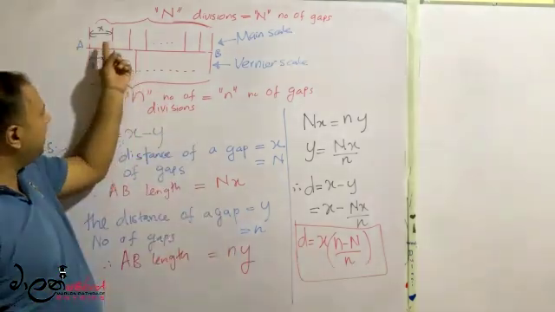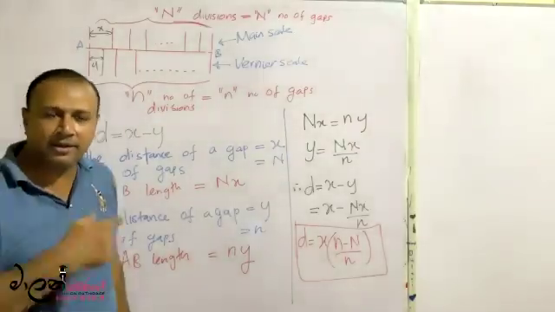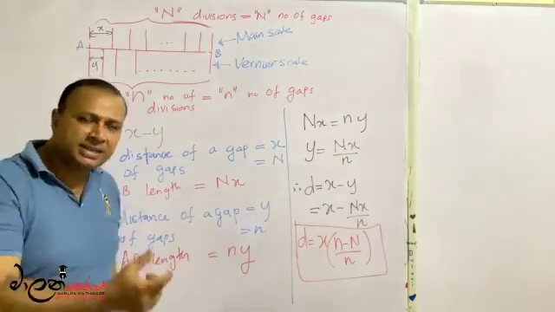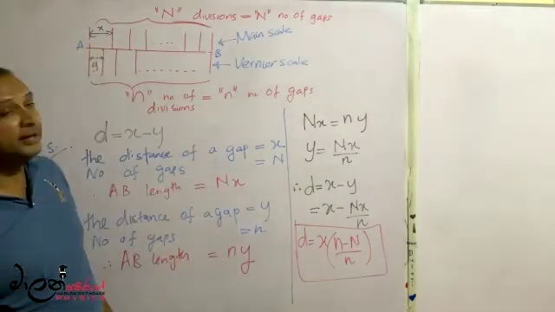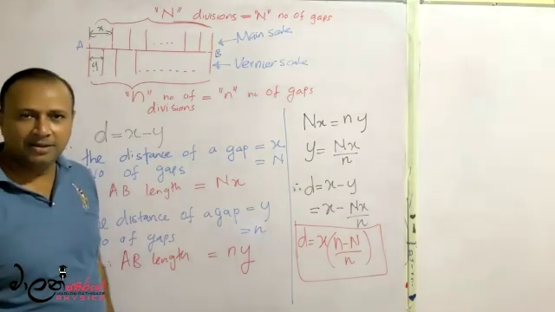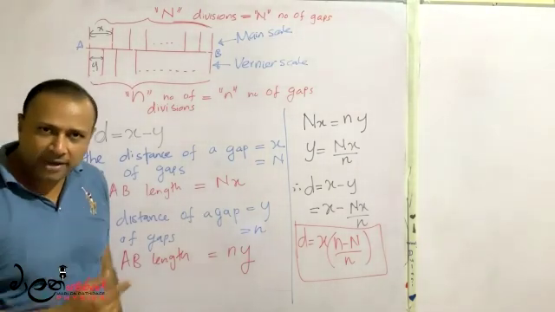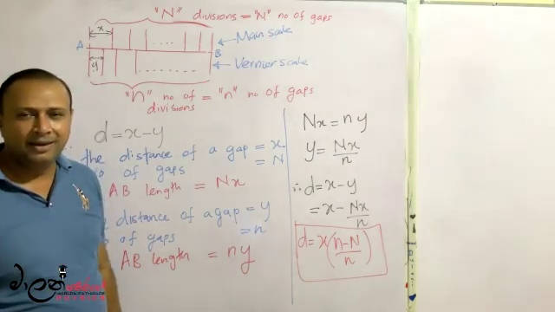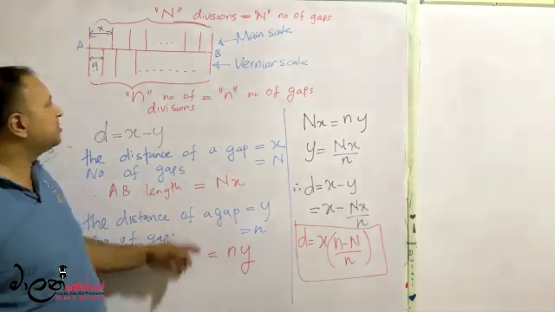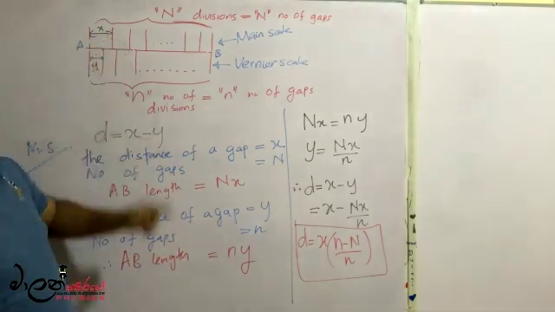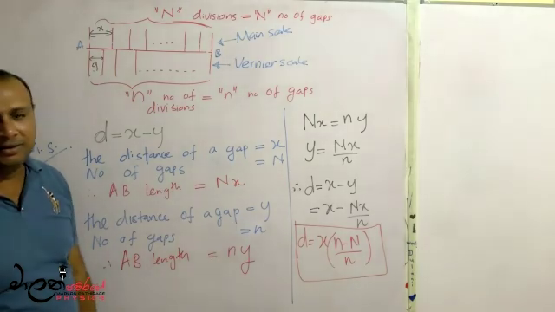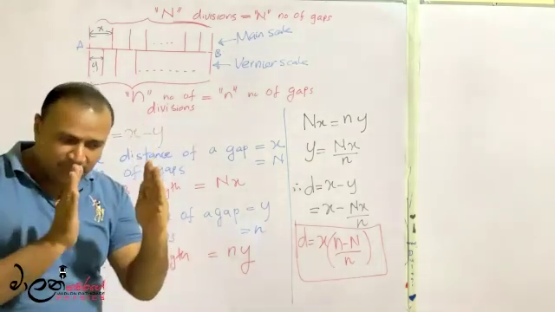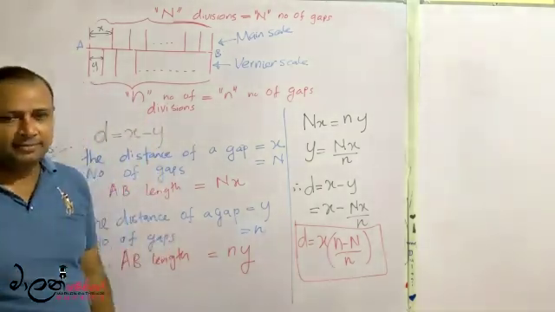Now we are going to take the gap, because this gap is the smallest gap that can be measured. So to find the gap, you cannot subtract the vernier one from the main scale one; you have to subtract the smaller one from the larger one.